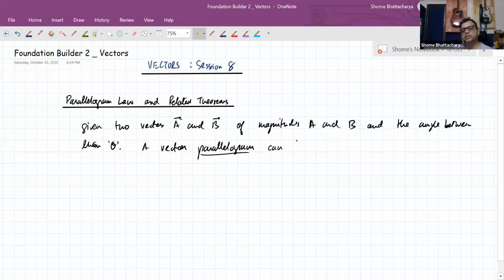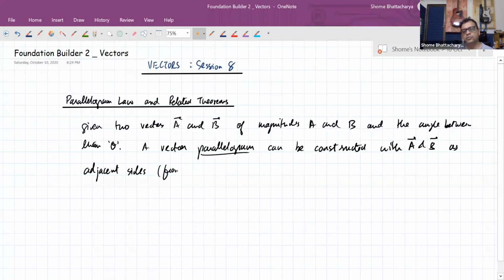can be constructed with A and B as what is called adjacent sides from a common origin.